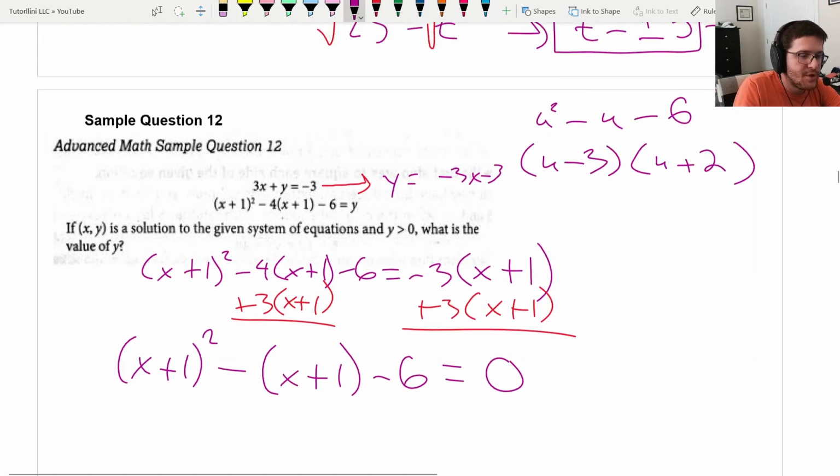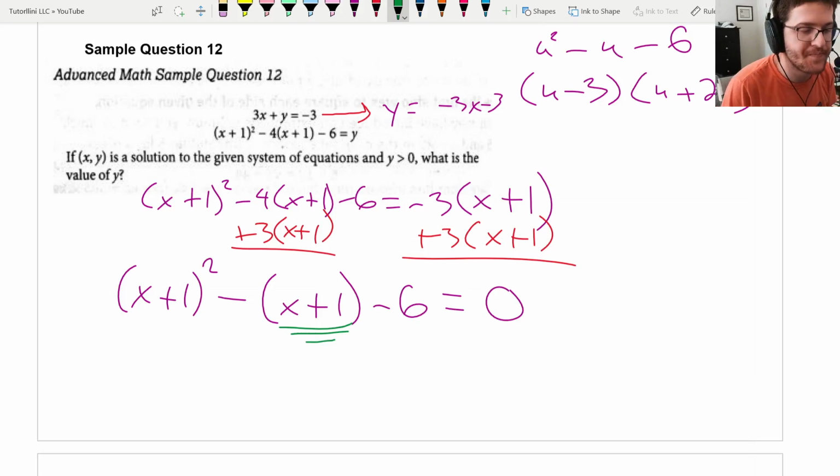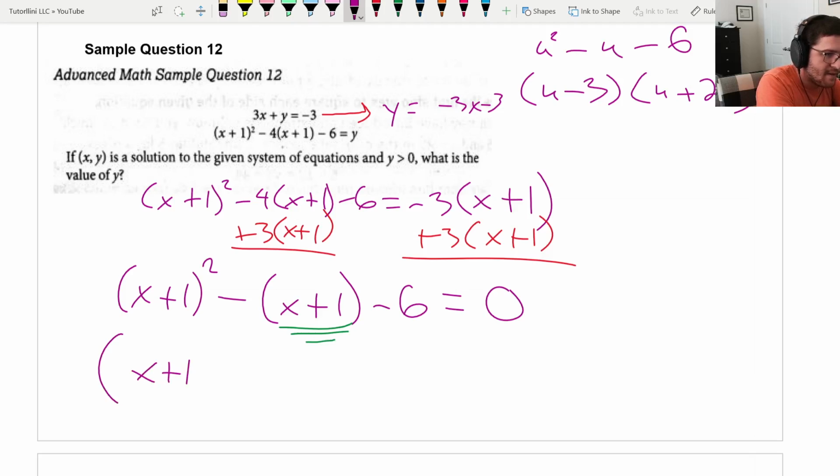But now instead of u, we're going to put the thing in the parentheses, the thing that's in the middle of our hidden quadratic. We talked about that in the factoring video. So we're going to put x plus 1 minus 3, and then x plus 1 plus 2.